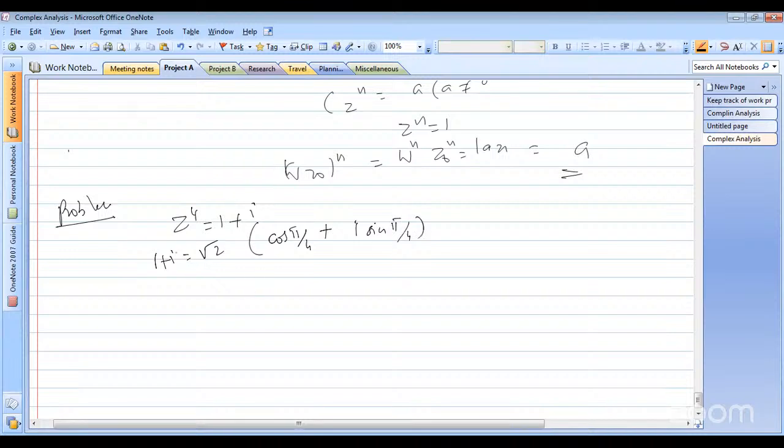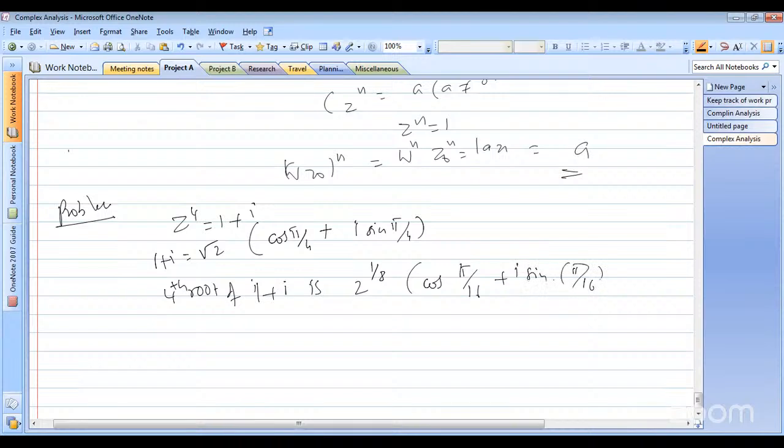The fourth root of 1 + i is 2^(1/8) (cos π/16 + i sin π/16).